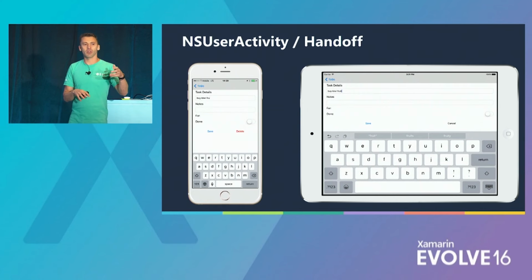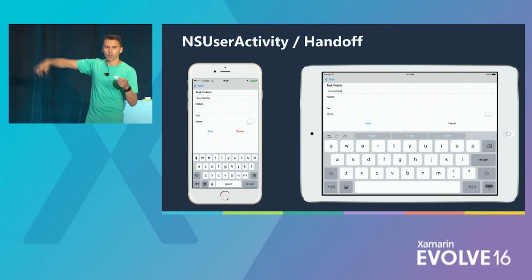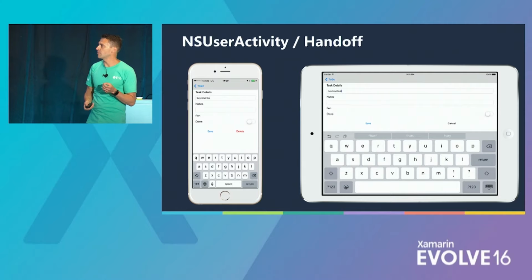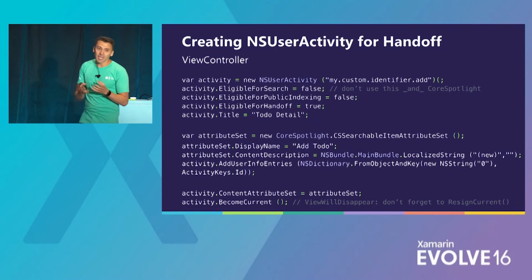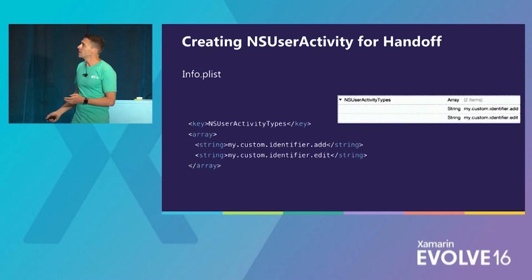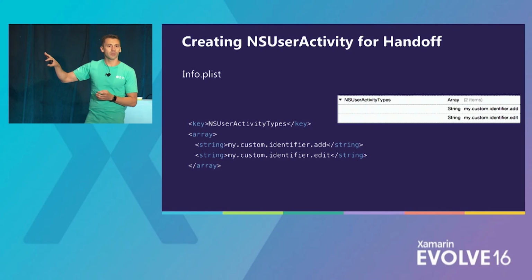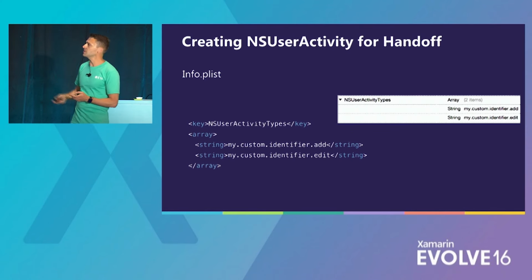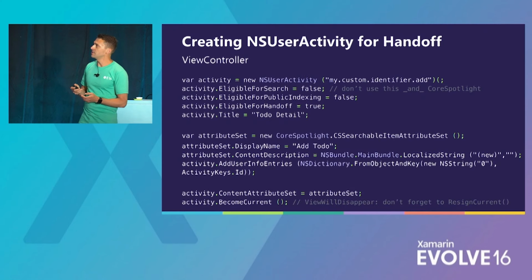There's an activity going on that might be usable over in the other device. And if I swiped up from that notification icon, the application will start and you'll be able to continue off from that place. So enabling this is really simple. I need to create activity types, things that the user might be doing, in the Info.plist, and add code to run them.